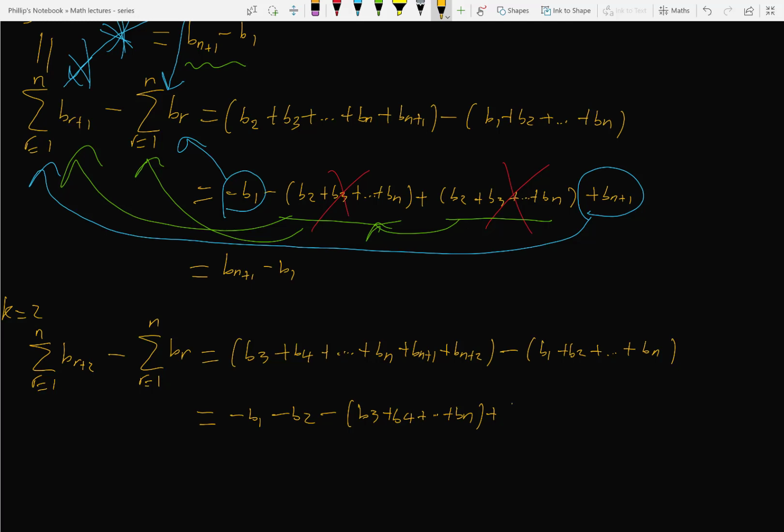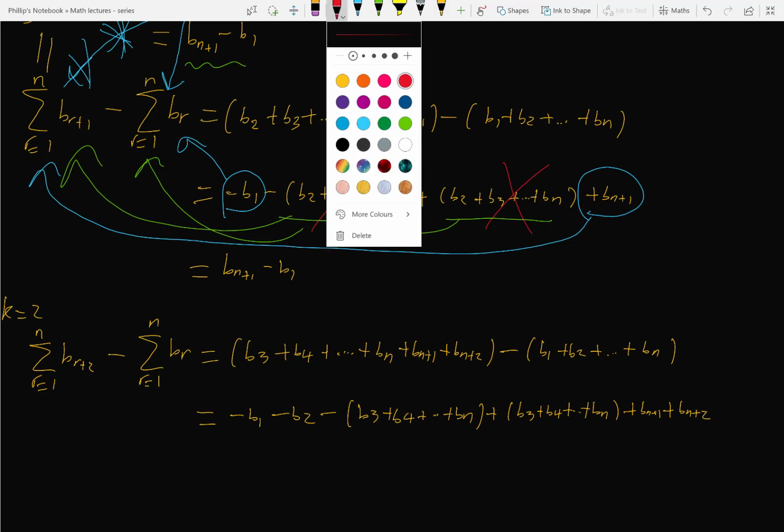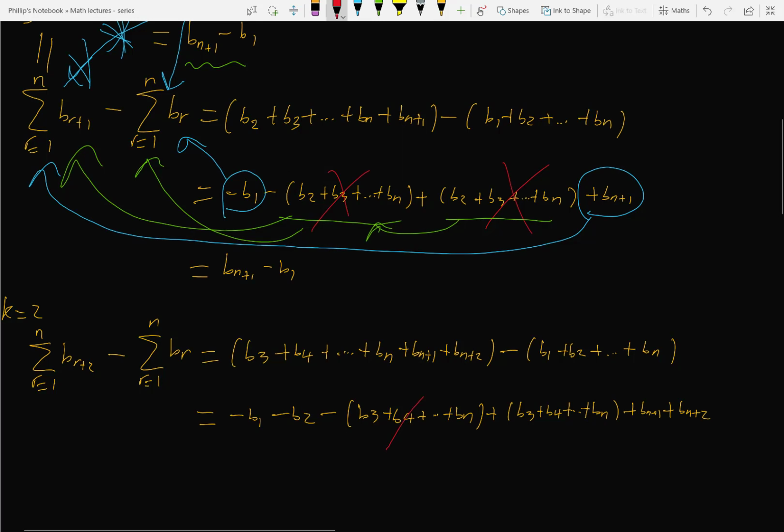Then we're going to add b3 plus b4 plus ... bn plus b(n+1) plus b(n+2). So again, this term here cancels with this term here, leaving us with just b(n+1) plus b(n+2) minus b1 plus b2.